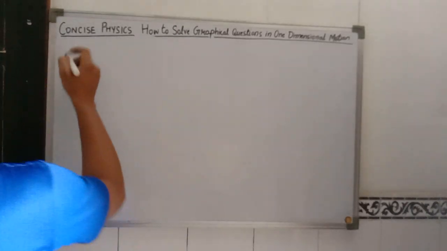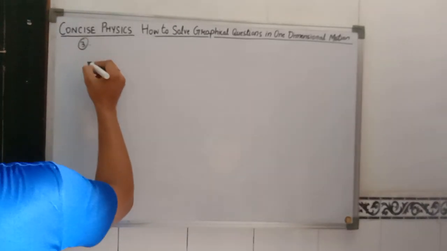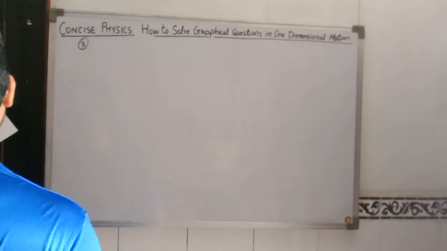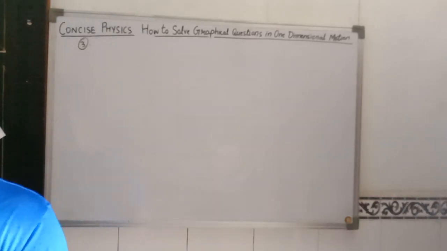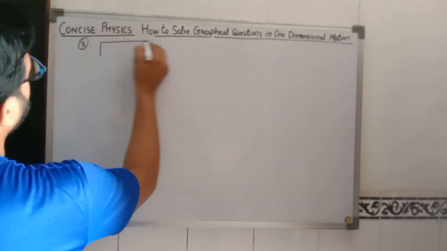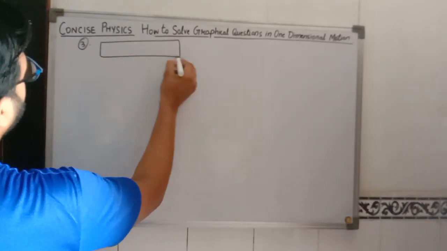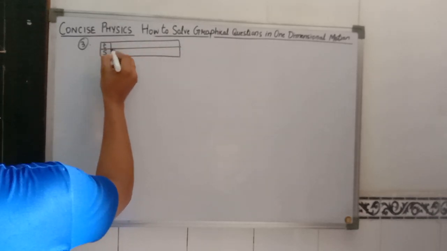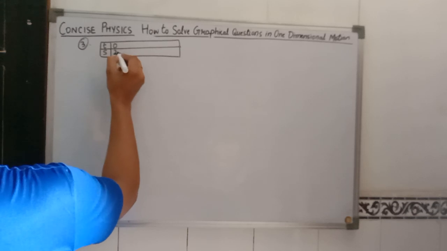Now question number 3. Question number 3 says a body is moving in a straight line and its displacement at various instants of time is given in the following table. So first of all we make the table of time and displacement. Time 0, displacement 2.